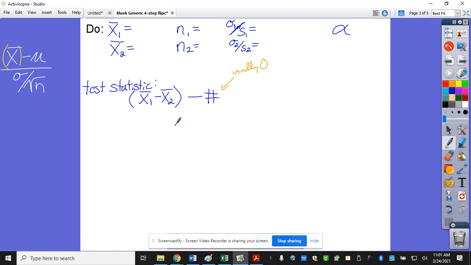So that's my numerator, my denominator. So we know how to do this now. So what's this going to look like for the standard deviation portion? And then adding the same thing for my second sample.